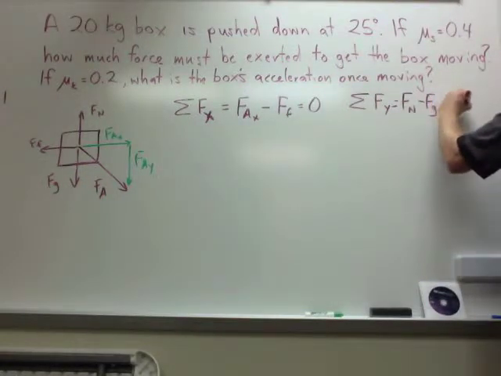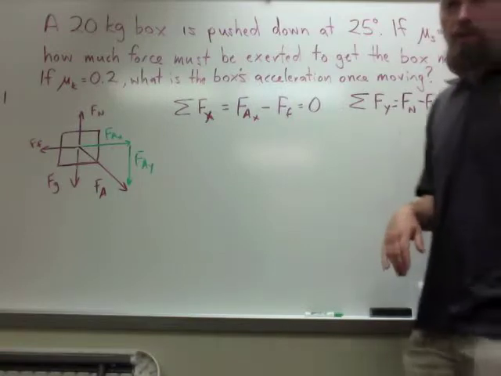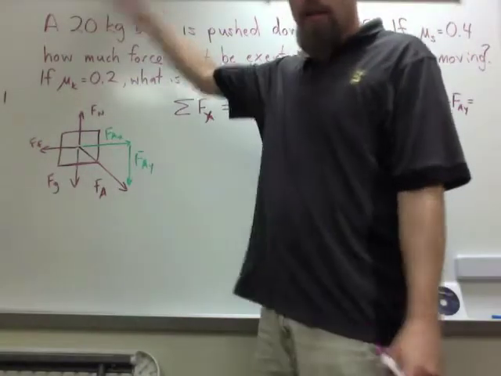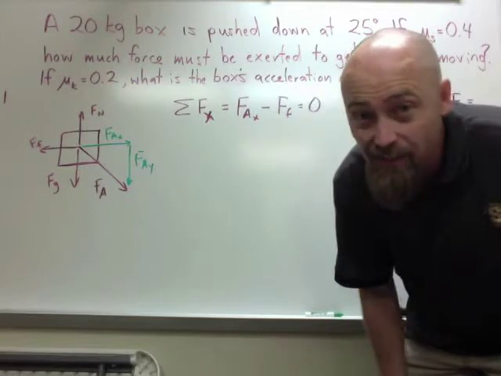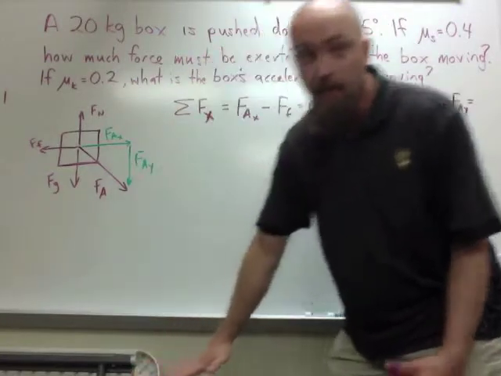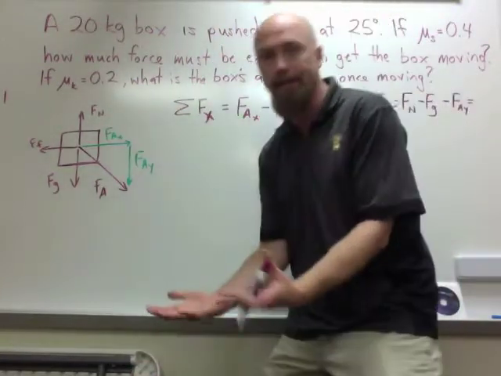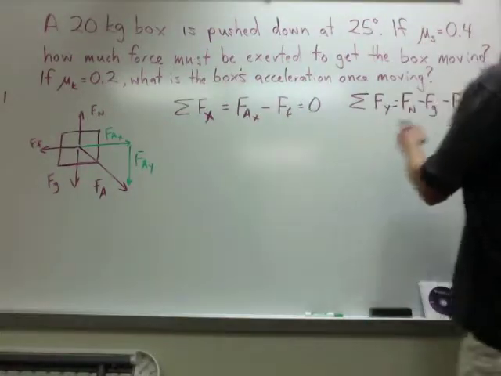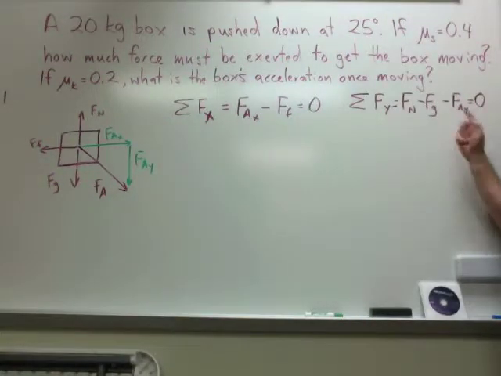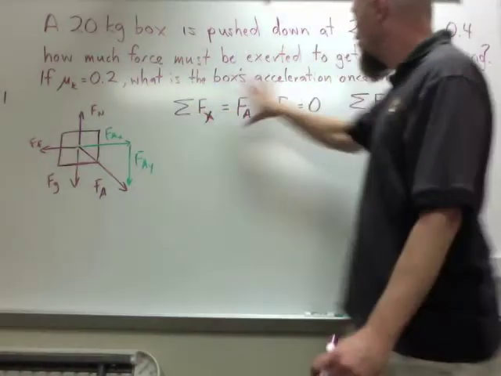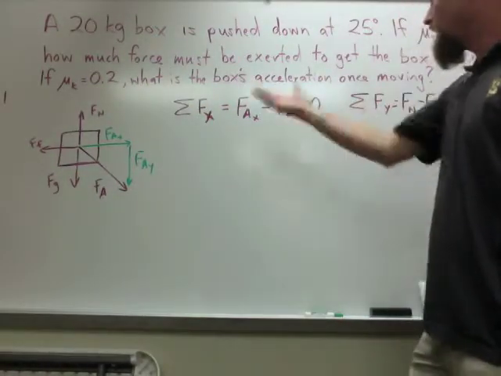And that equals, remember, in the y direction it can never accelerate, because if it accelerates down, it's going into the ground. If it accelerates up, then it's somehow levitating off the ground, which can't happen. So this one is always going to be 0.